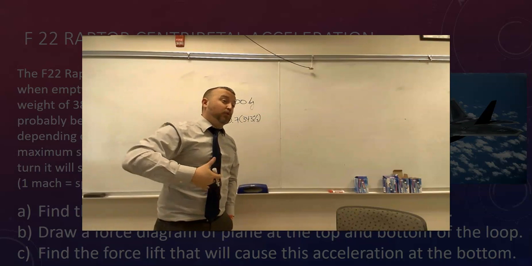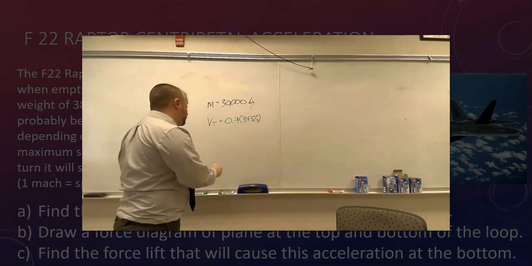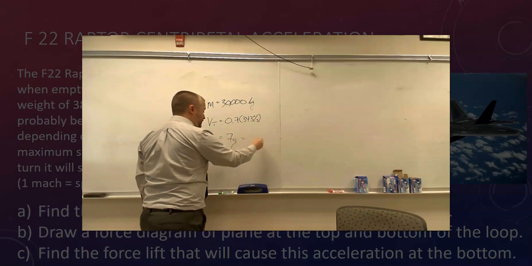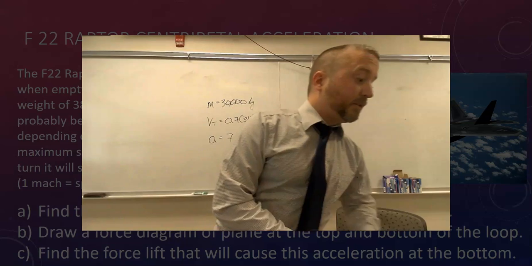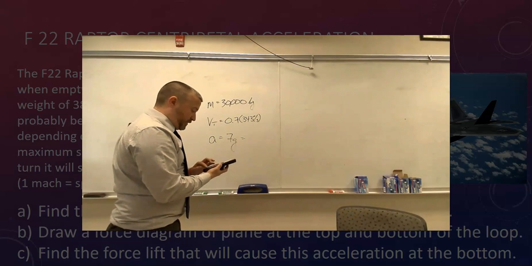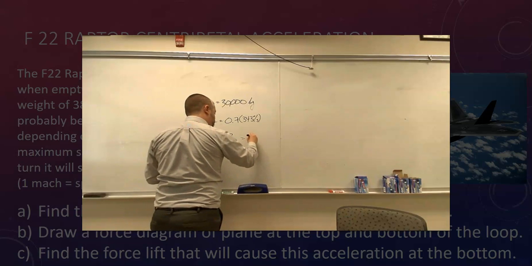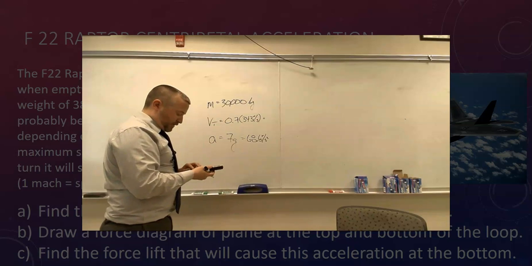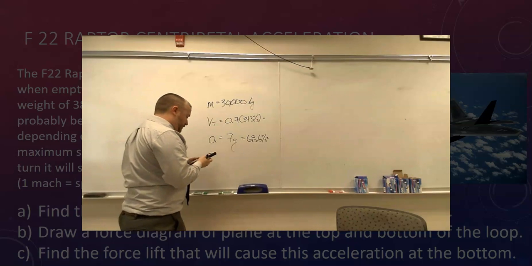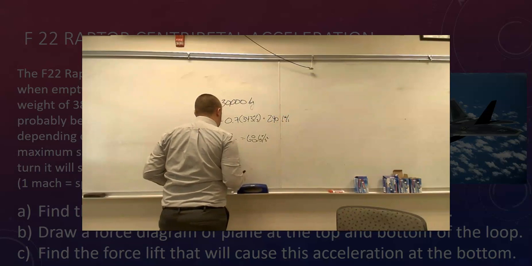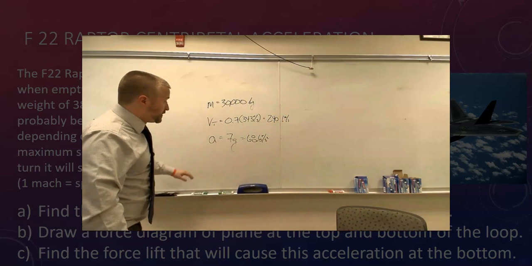The question is, what radius would you go in order to pull an acceleration of 7 Gs, which, let's just go ahead and knock that out real fast. 7 times 9.8 would be 68.6 meters per second squared. And the speed that they're traveling, 0.7 times 343, is 240.1 meters per second.